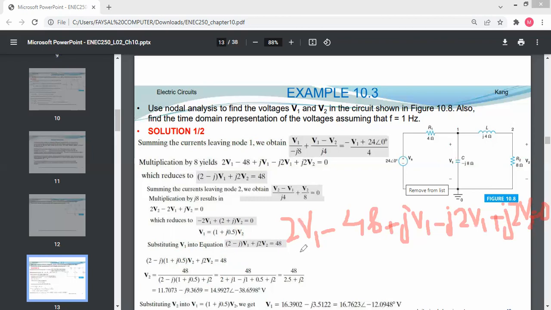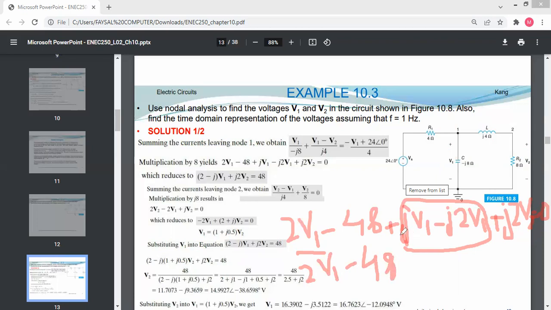So this is the v1. Now there is jv1 and jv1 here. Okay, so it will be j2v2, and the only parameter is this one, so it will be 2v1 minus 48.